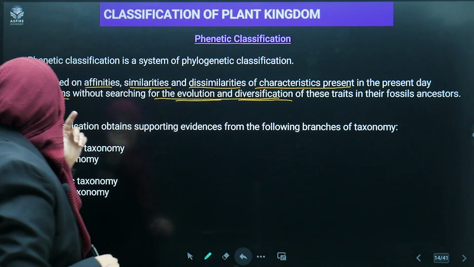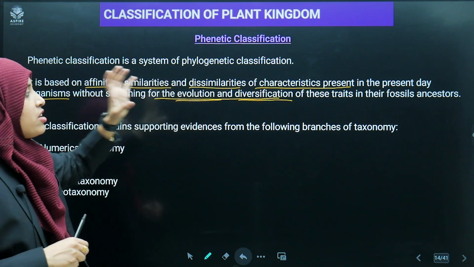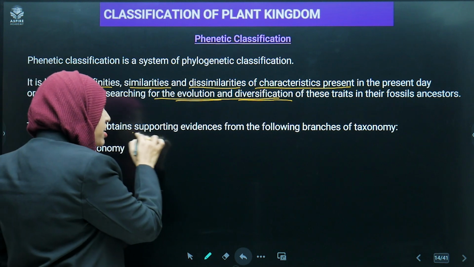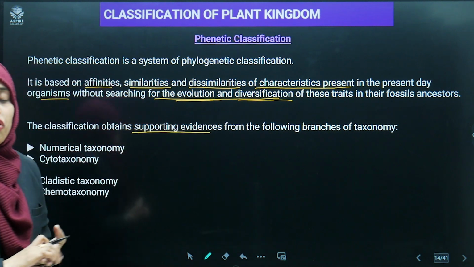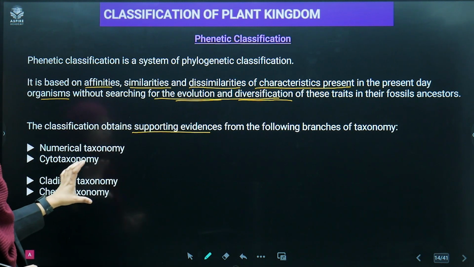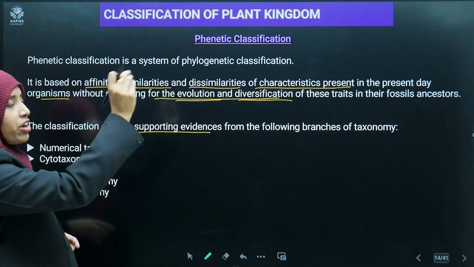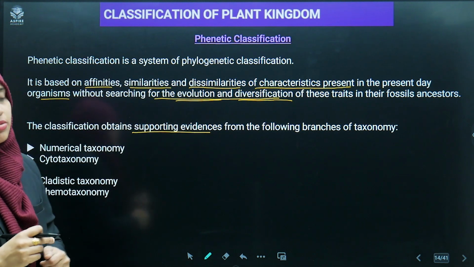Okay, now the classification obtained by this phenetic classification system was obtained by supporting evidences from the following branches of taxonomy. ठीक है, तो various branches of taxonomy were studied, and after that this whole phenetic classification system was given.